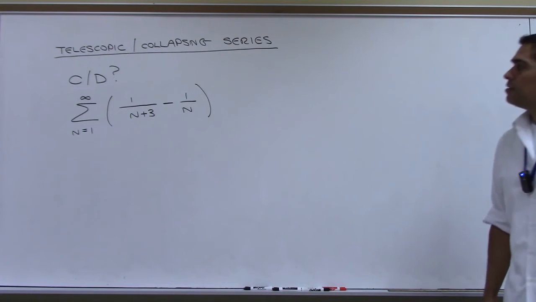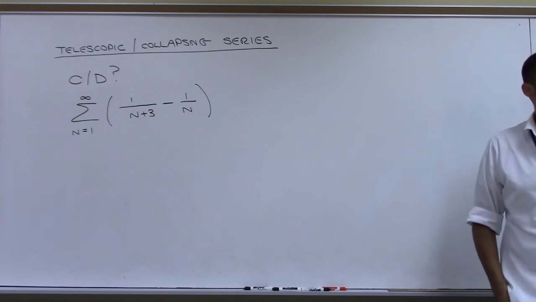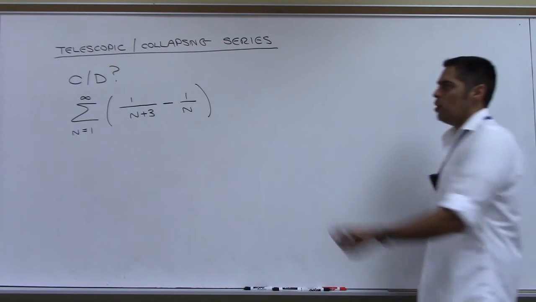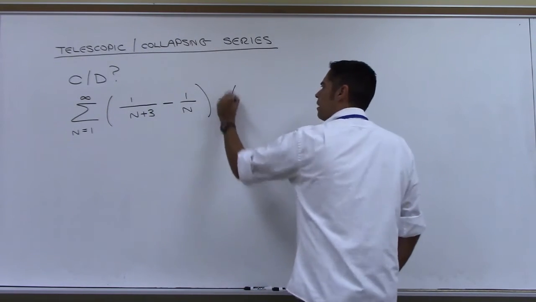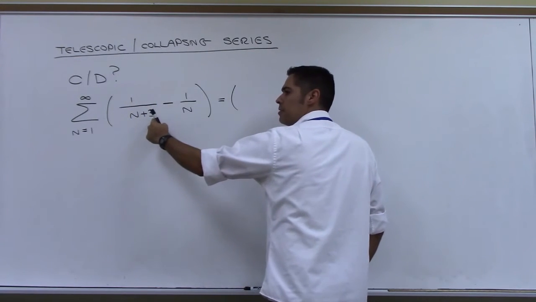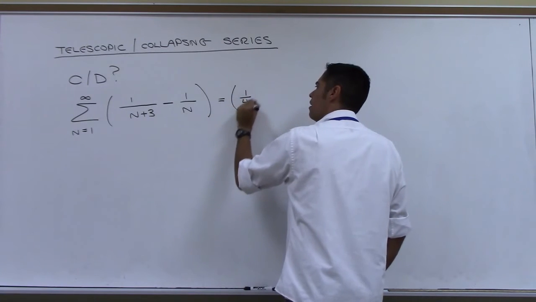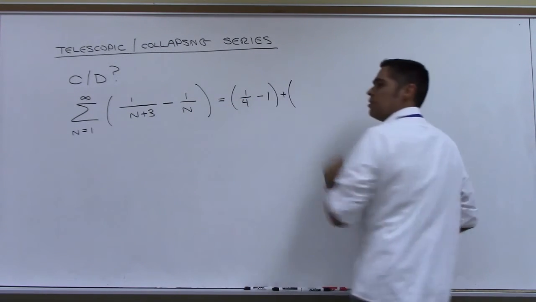So now, since we're kind of stuck, let's just write some of these terms out, right? How about we do that? Like, what is this? This is plug in 1. What do we get? So 1 over 1 plus 3 is 1/4 minus 1, and then plus, now we move on to 2, right?